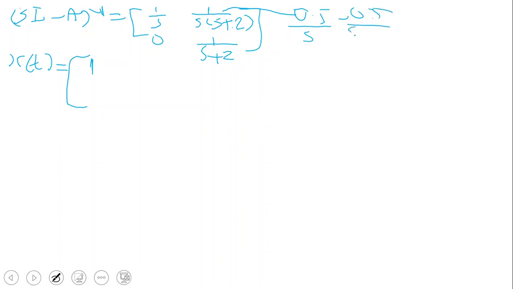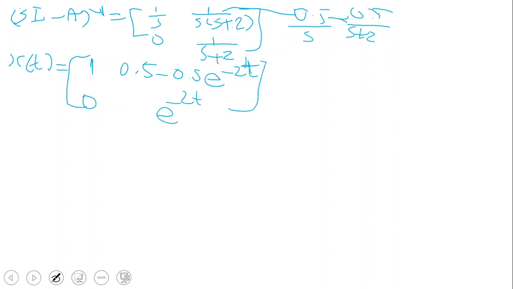Therefore, if you take inverse Laplace transformation, what you get is 0.5 minus 0.5 into e power minus 2t. For this 0 only. 1 by s plus 2, we know it is e power minus 2t.